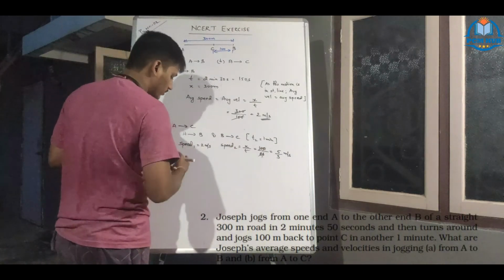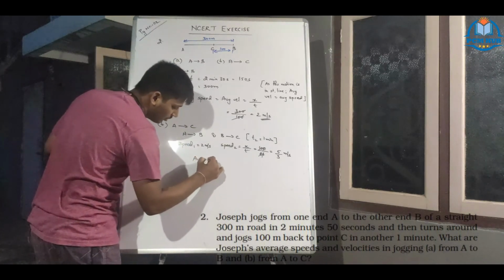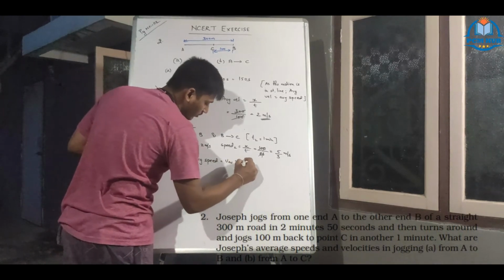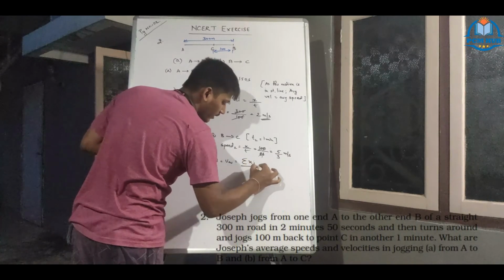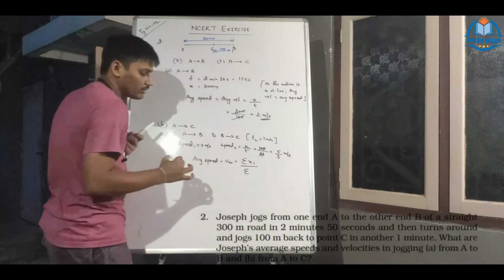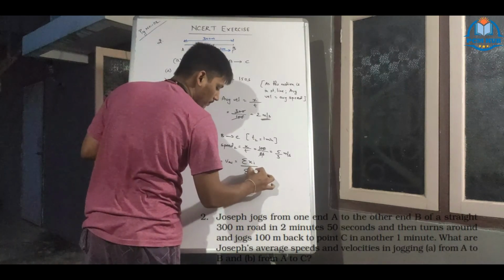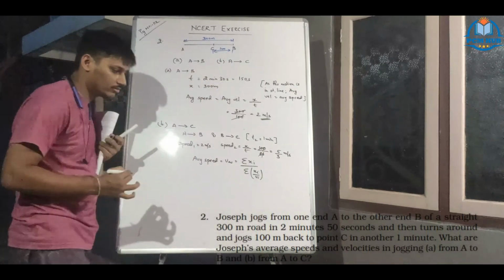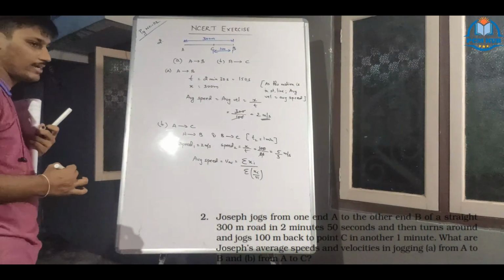That speed is lower than the speed 1. So now what is the average speed? V average equals, all the formula I told, sigma xi by sigma ti. So in place of ti you can write it as xi by vi. Already I told, no? xi by vi. Right.